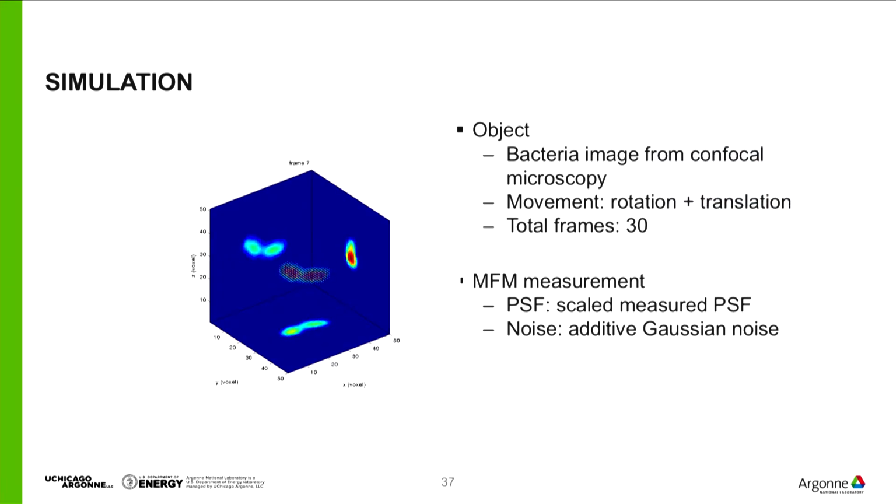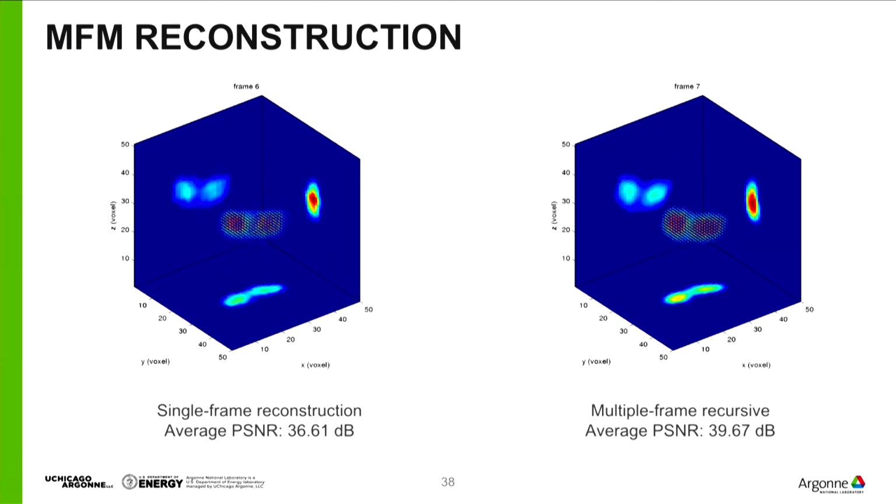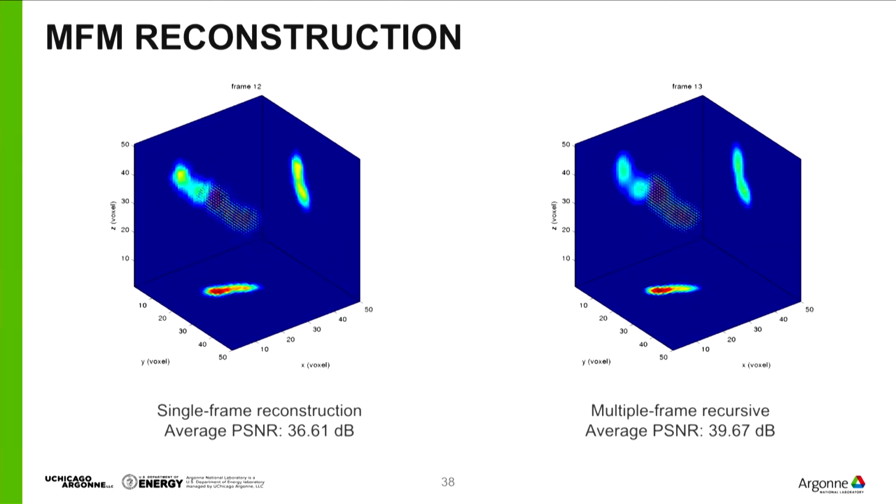Here's what we did. Again, we took the confocal microscopy sample, and then we could control the motion of the bacterium. So we simulate a moving object so that we could see how well our algorithm worked compared to just doing the raw single frame at a time.